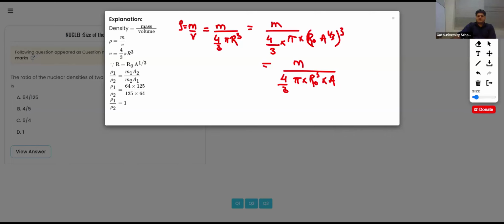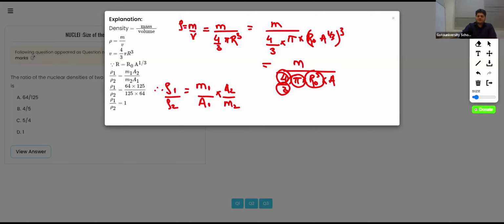Okay, so here you can say that it is directly proportional to m and inversely proportional to A. Constant, constant, constant, and this is also constant. So therefore you can write density 1 to density 2 will be equal to m1 over A1 directly proportional to m2 over A2. Now we have m1, we have m2. What is m1?